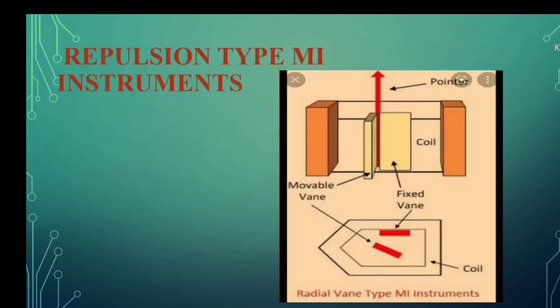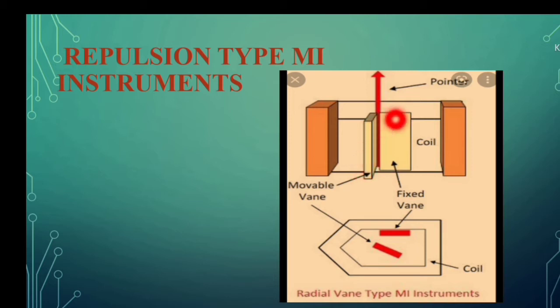Then comes the repulsion type moving iron instrument. In the previous type there develops an attractive force, but here there develops a repulsive force. Based on that repulsive force the pointer will be operating. So here too there is an iron piece, the fixed and movable vane.